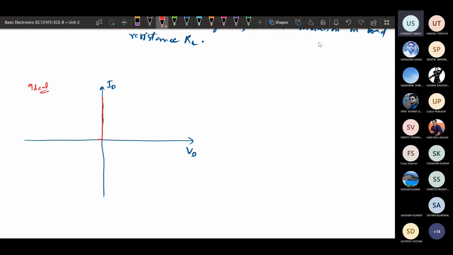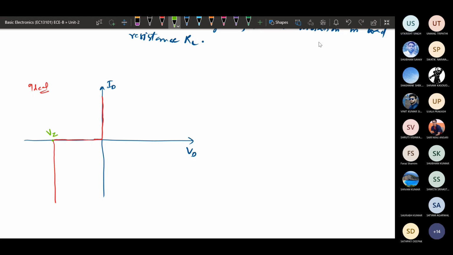In the reverse bias, once we apply a voltage that is less than zero, it will be in reverse bias, and there will be a voltage called the breakdown voltage at which the Zener diode will turn on. Once it is turned on in the breakdown region, there will be a sudden current in the reverse direction. This voltage is called the breakdown voltage, and in case of a Zener diode it is called Vz.